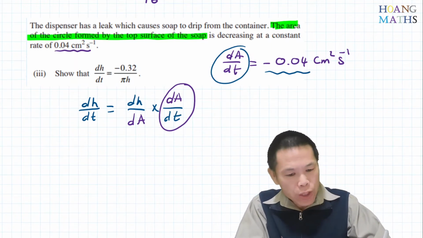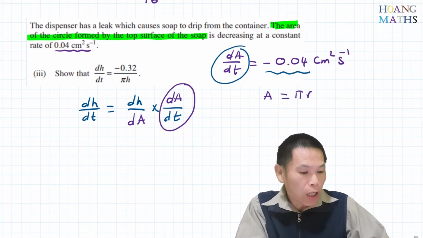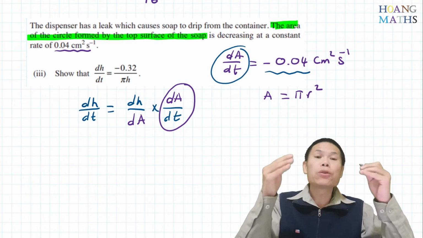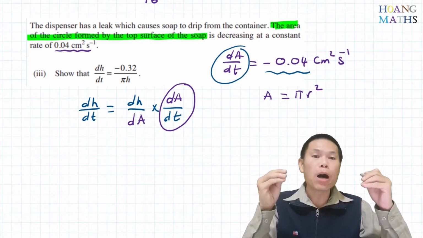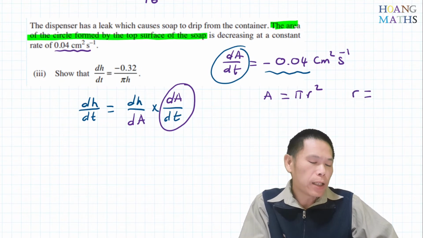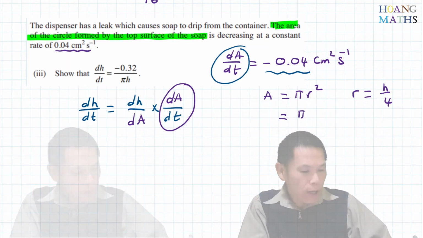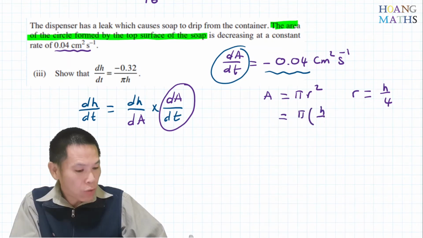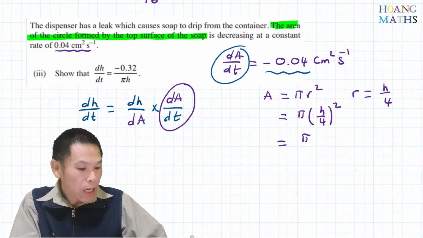We know that the area of a circle is pi r squared. But then we need to find dh, so we need to write the area in terms of h. From part 1, we know that r is h over 4, so we just replace the r with h over 4. So pi times (h over 4) squared gives me pi h squared over 16.